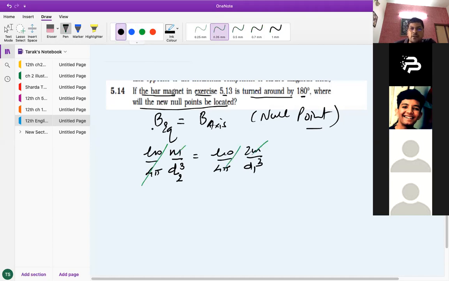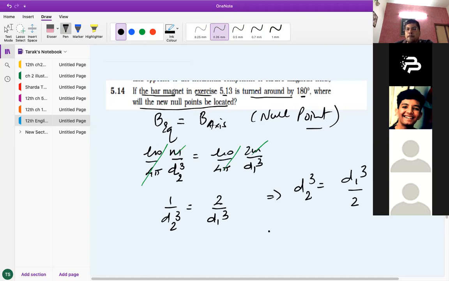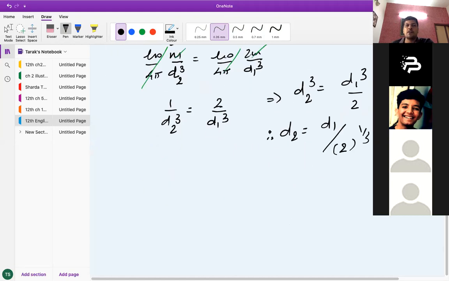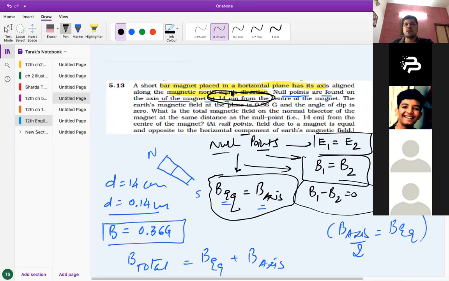So we have 1 divided by d2 cubed equal to 2 divided by d1 cubed. So d2 cubed is equal to d1 cubed by 2. So d2 is equal to d1 upon 2 raised to 1 by 3. Value of d1 from the previous example is 14 centimeter. So I'm using the same data.